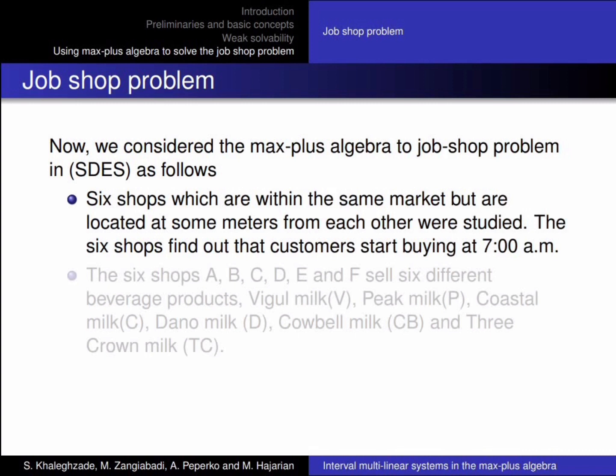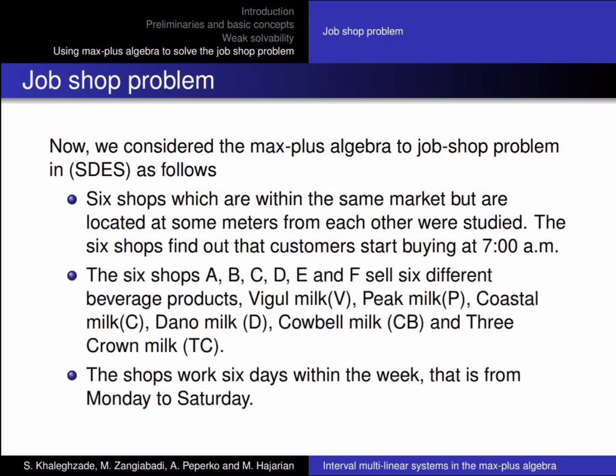The 6 shops found that customers start buying at 7 o'clock a.m. The 6 shops, A to F, sell 6 different beverage products, such as usual milk and so on, which we denote by VP, CD, CB, and TC.